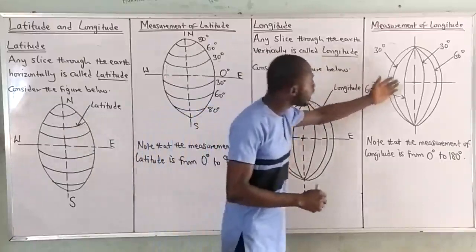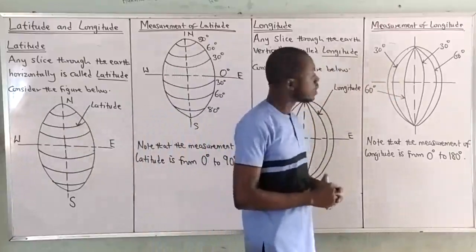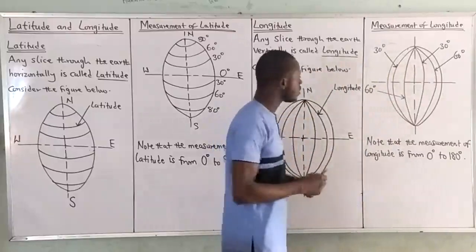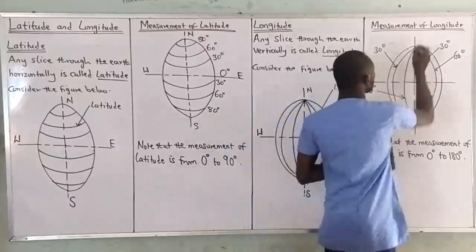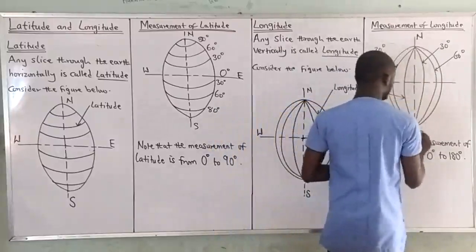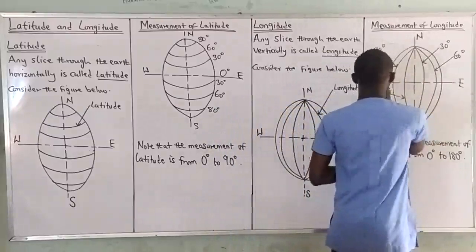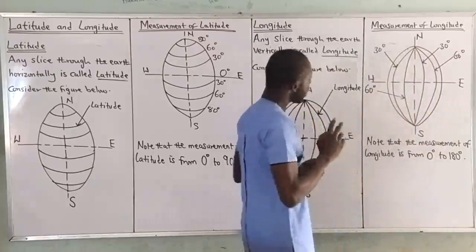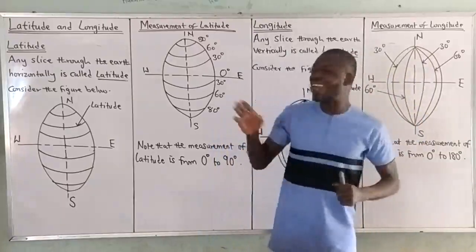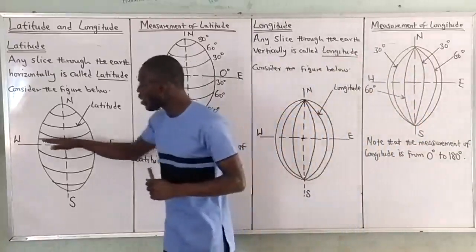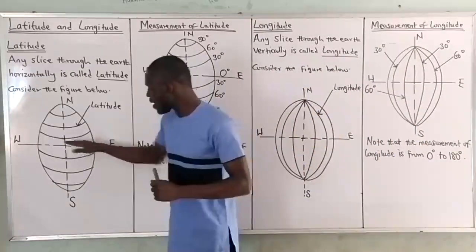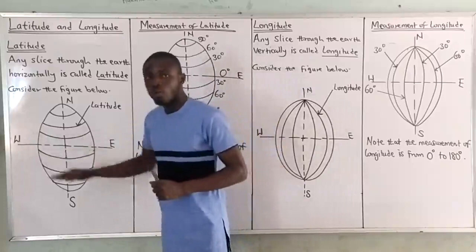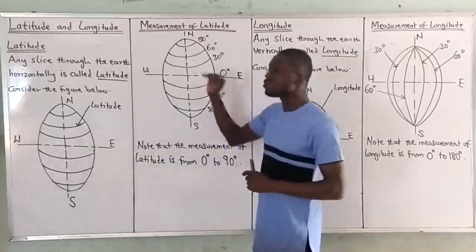Now let's look at the measurement of longitude. Take a good look at this diagram again. For longitude, we still have the north, the south, the east, the west. This is the earth's surface. When dealing with latitude, the horizontal center we refer to as the equator.